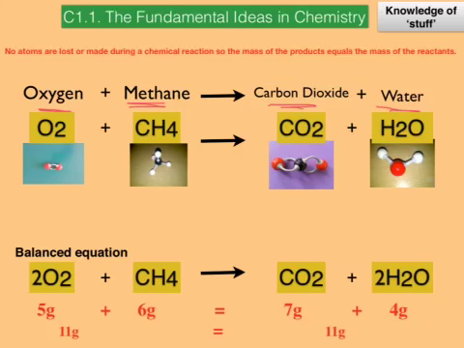The way that I like to do this is first start by counting up all the different types of atoms on each side of the equation. So if we draw a little line down there, first we're going to focus on the left-hand side. So on this side of the equation, I've got at the moment 2 atoms of oxygen.